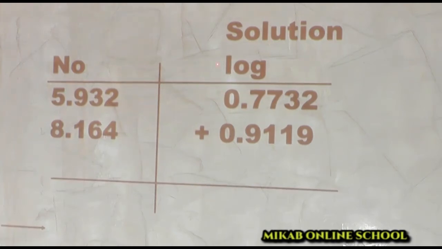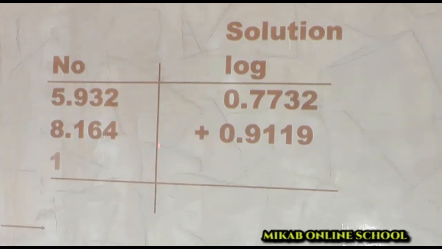So that means 10 raised to the power of 0.7732 will give this, and 10 raised to the power of 0.9119 will give 8.164. So these logarithms have the same base, which is 10. And in our laws of indices, when you have the same base, you can simply add the powers.